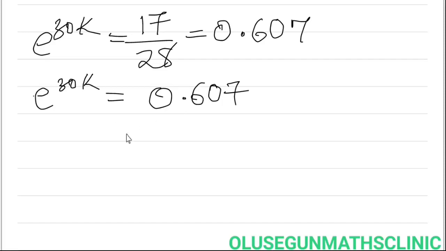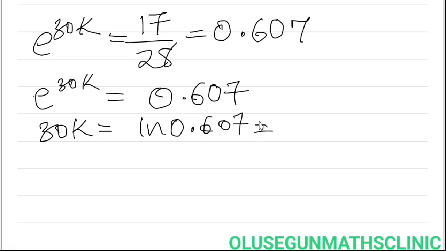So what you do next is say that 30k is equal to ln 0.607. What is the value of ln 0.607? We go to the calculator again and press ln 0.607. It gives us minus 0.4999.